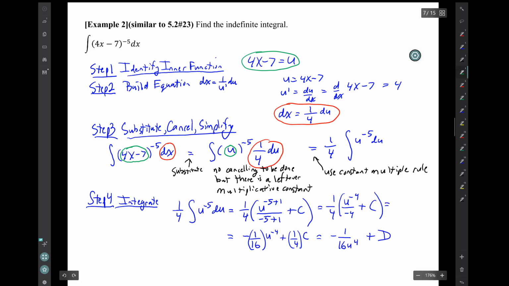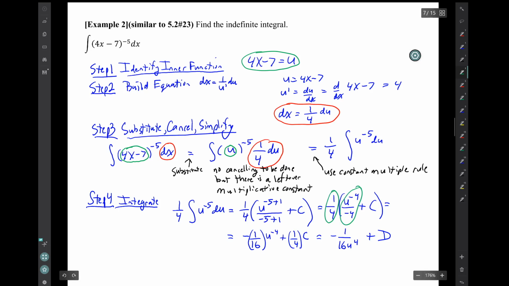Notice that we used the power rule for indefinite integrals in going from this integral to this expression. And notice that we were very careful with our exponent calculation: minus 5 plus 1 equals negative 4. Notice that I was careful to write this 1/4 as a fraction in front, multiplying this fraction.